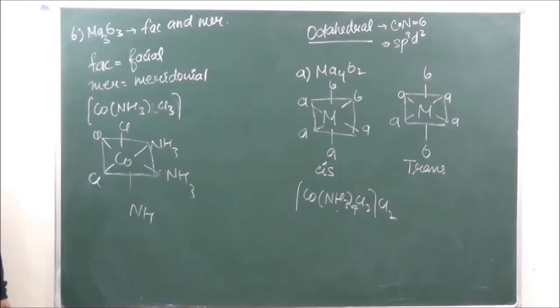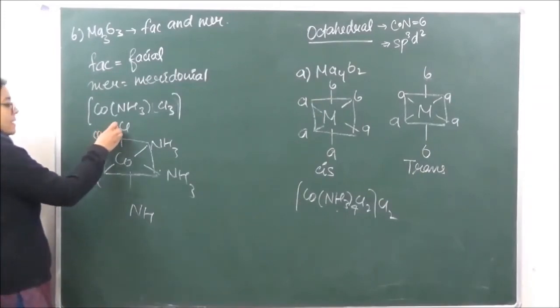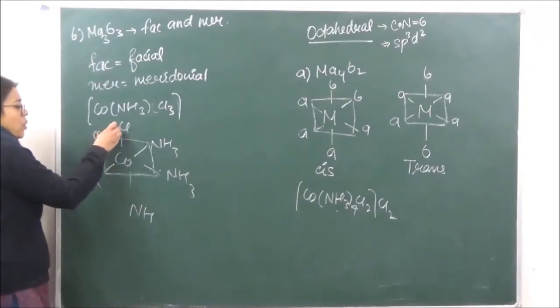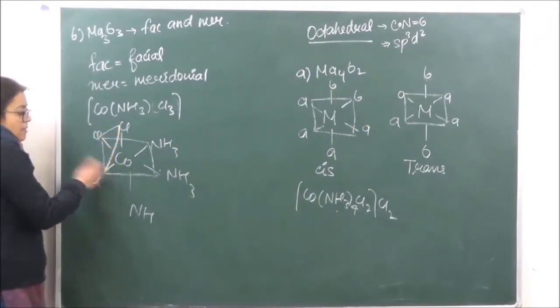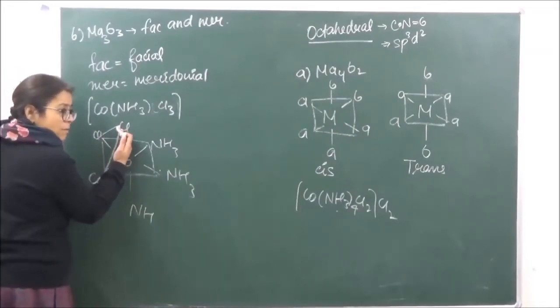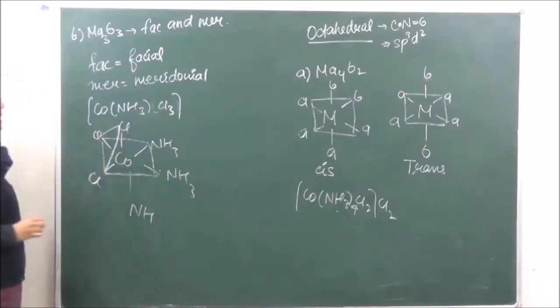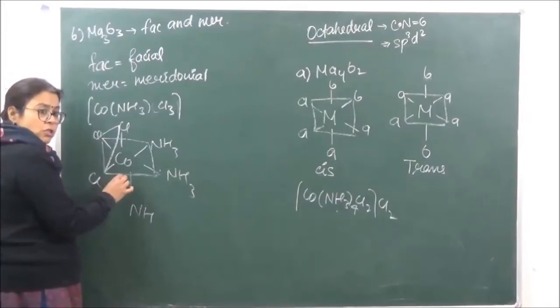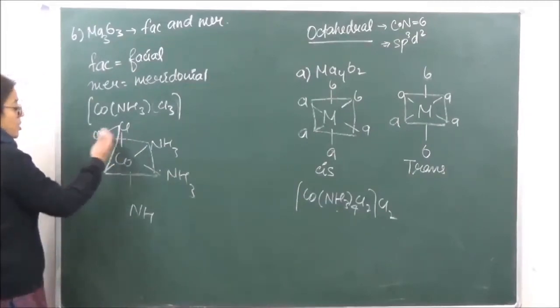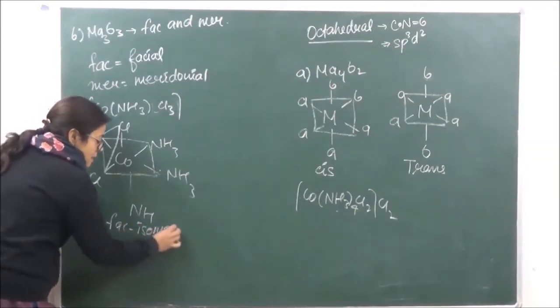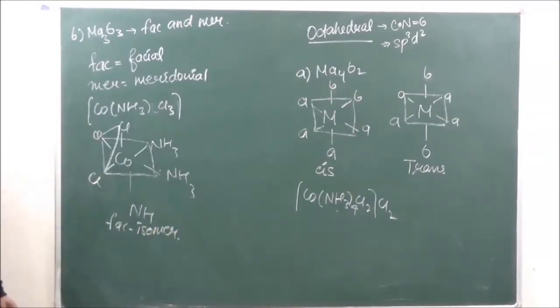You can see that the chlorines are going to be at the same face of the octahedral complex, right? So if you are dividing the octahedral complex from this line over here, all the 3 ligands lie in the same face. So these are known as the facial positions, if they are lying on the same face. So this is known as the FAC isomer. Okay?